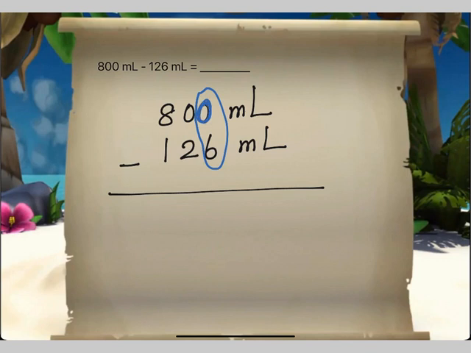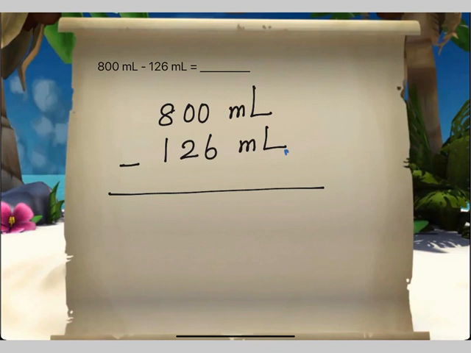That means there's a smaller number on the top than the 6, which is a bigger number, whereas 0 is a smaller number, and we cannot subtract 6 from 0, right? We need some ones to subtract from.